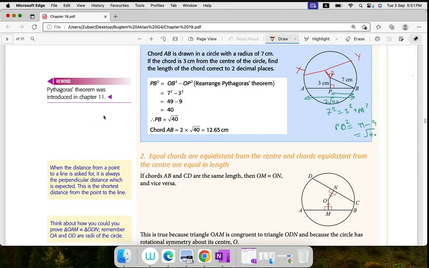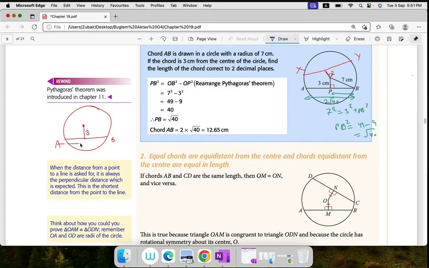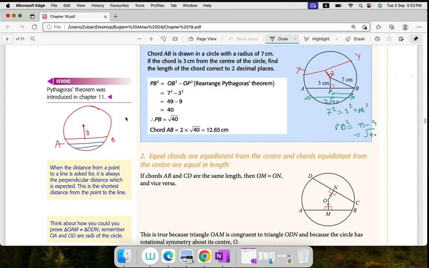You see, this was AB and this distance was 3. So if I just increase this distance, move it away from the center, it becomes shorter. It becomes even shorter. Because XY moves closer to the center, it makes it longer. See this green line, when it comes closer and when it actually passes through, it is the longest.